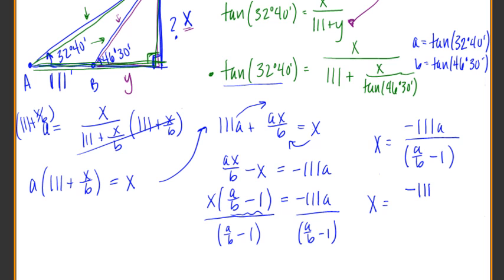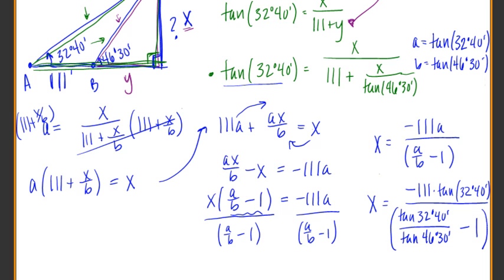So it's negative 111 times the tangent of 32 degrees and 40 minutes all over, then a over b, so the tangent of 32 degrees 40 minutes over the tangent of 46 degrees 30 minutes minus 1. Okay, what I suggest when you put this in your calculator is obviously put all this denominator in parentheses.